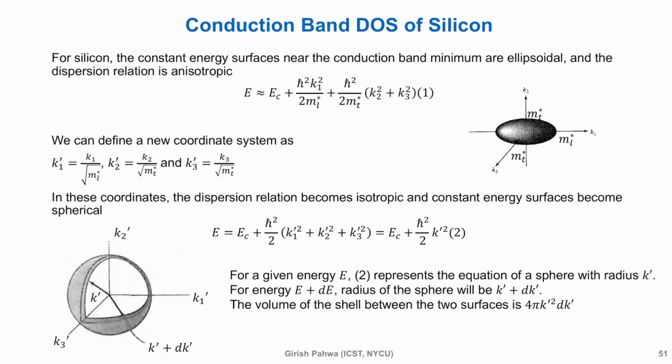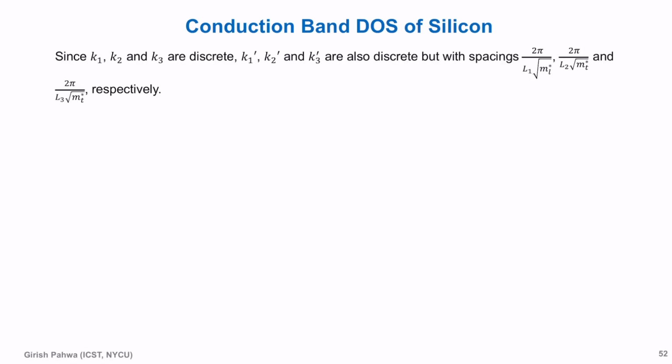For k1 dash, k2 dash and k3 dash, what will be the spacing? k has 2 pi by L1 spacing, but k1 dash is defined by k divided by under root of ml star, so the spacing will become this, divided by under root of ml star. Similarly for k2 dash the spacing will be this, and for k3 dash the spacing will be this.